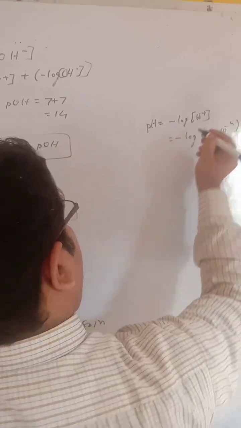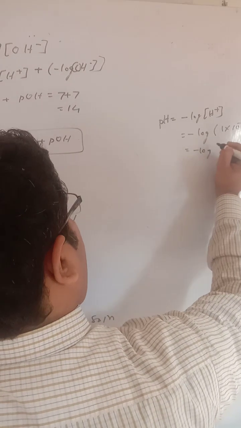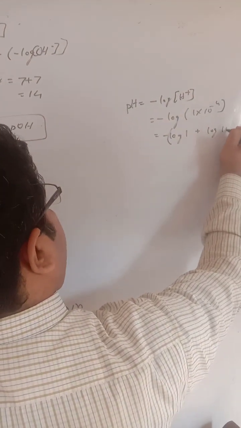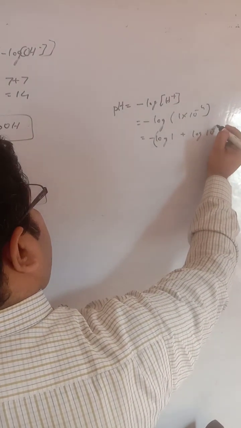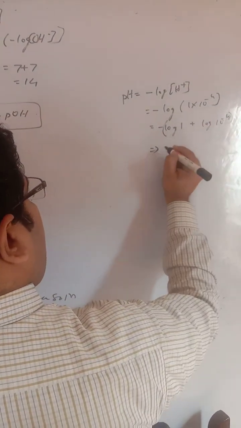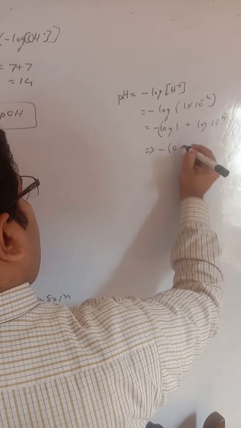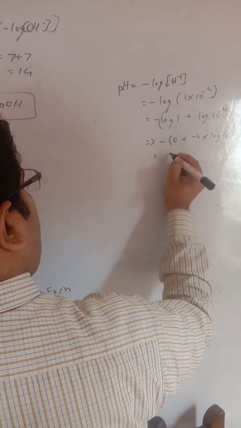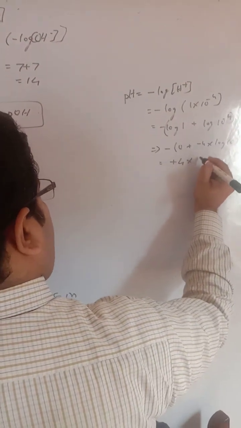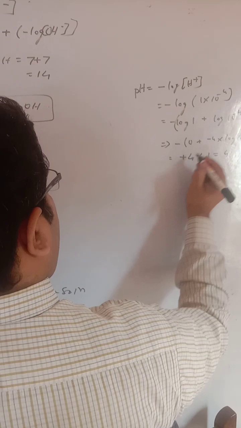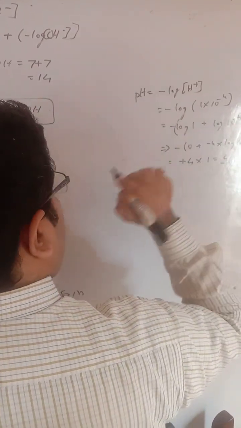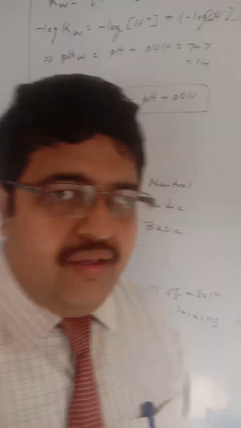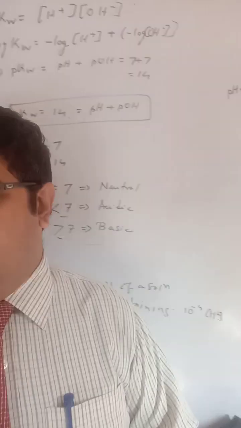So minus, log 1 plus log of 10 to the power minus 4. Log 1 means 0. So minus 4 into log 10, so you get minus minus plus 4 into log 10 means 1. You get 4. So pH is 4.